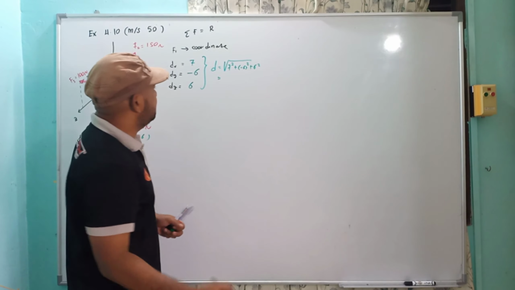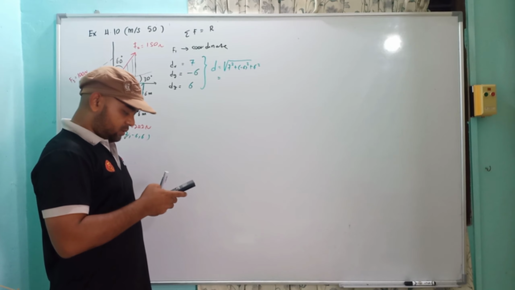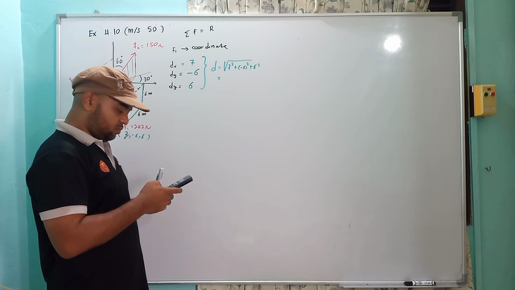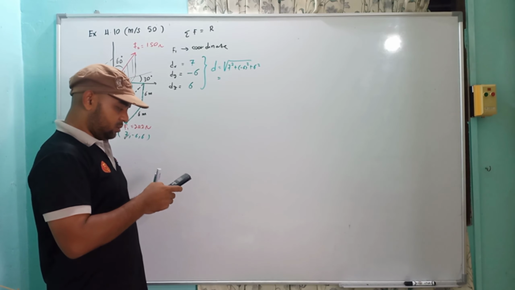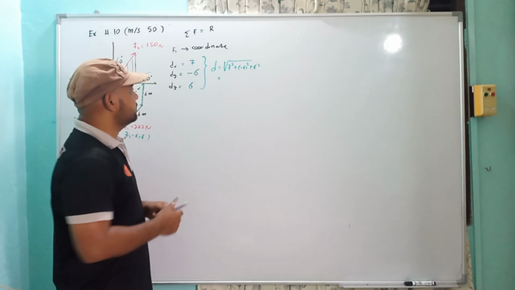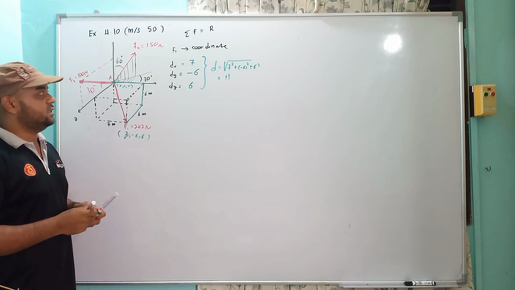From the calculation, you have the square root of 7 squared plus 6 squared plus 6 squared, which is 11.